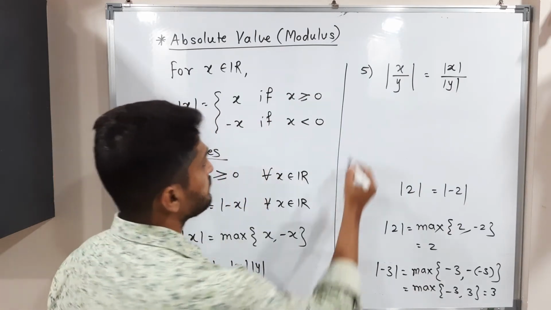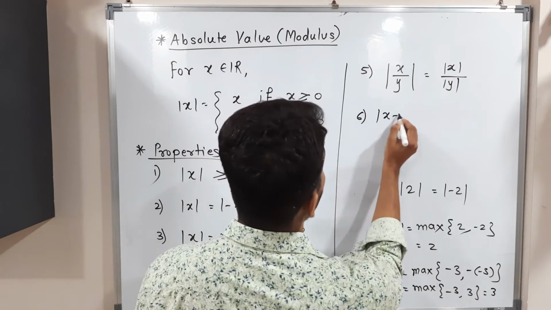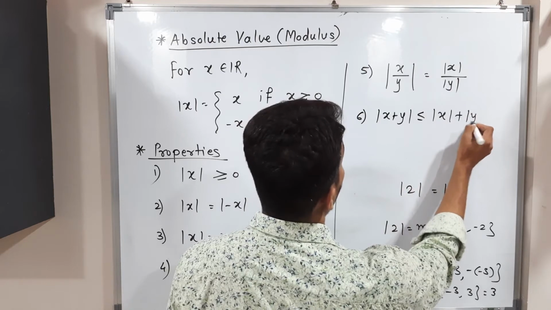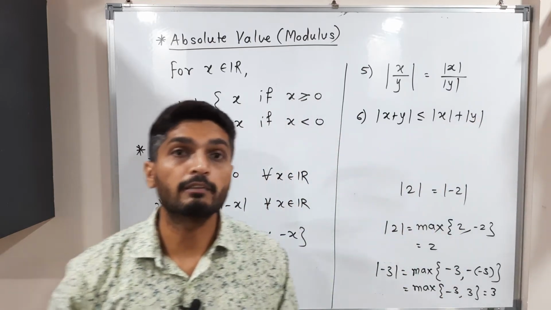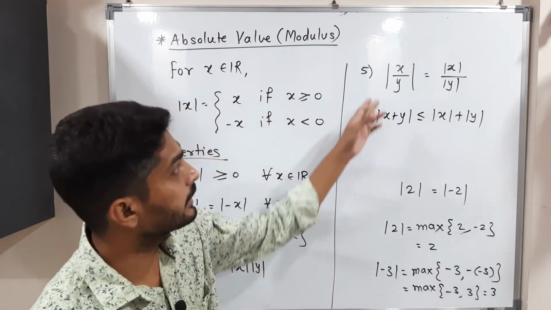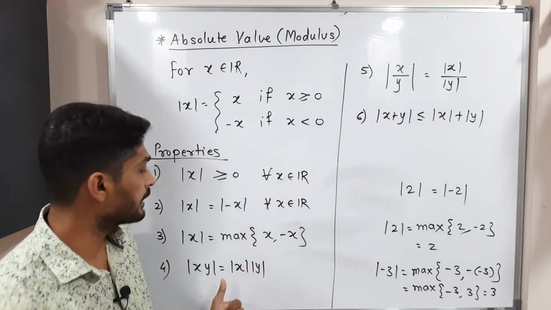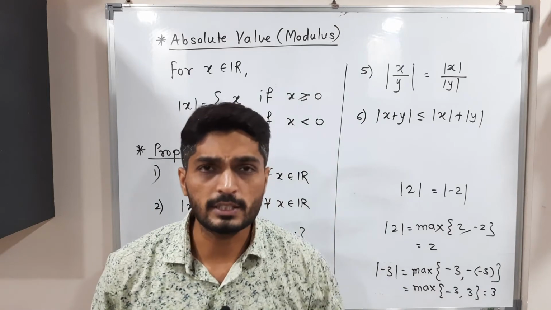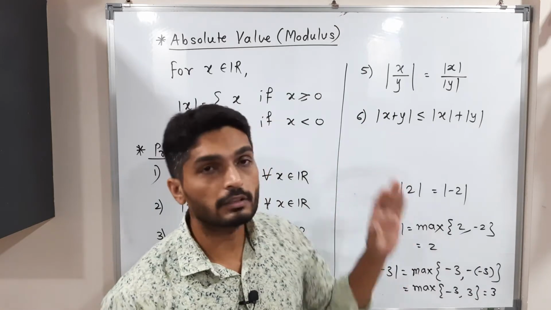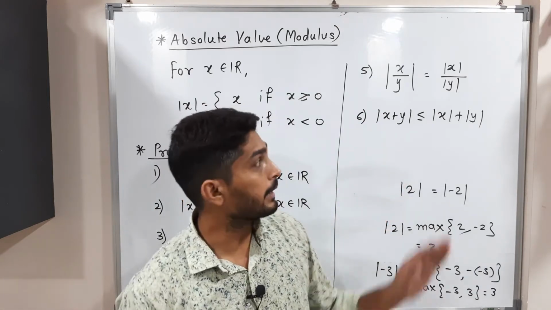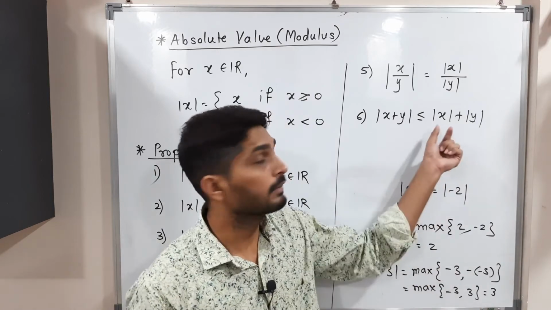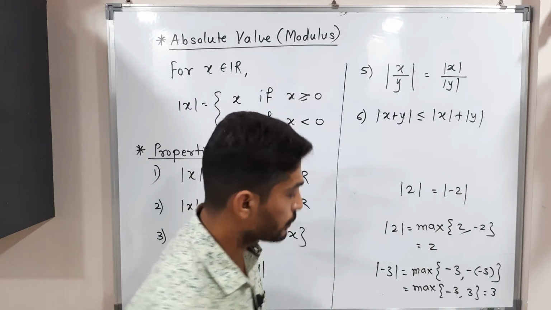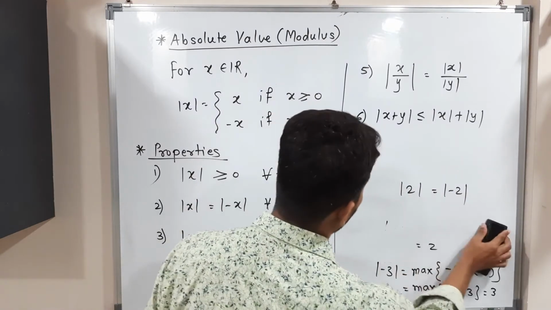Next property: mod of x plus y is less than or equal to mod x plus mod y. Here we do not get equality. We get equality in case of multiplication and division, but here in a few cases you can get equality, but the general relation is less than or equal to. That means if you take separate mod, either you will have more value or an equal value. So these are very interesting and important properties.